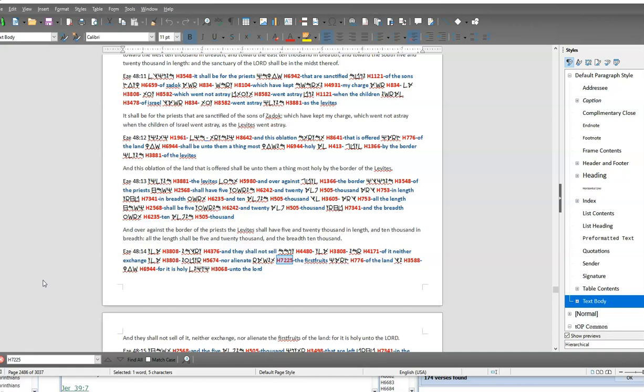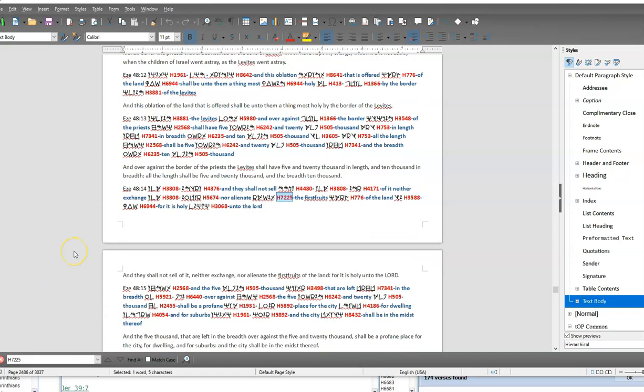So Ezekiel 48:14, just in the English, it says, and they shall not sell of it, neither exchange nor alienate the first fruits of the land, for it is holy unto Yahweh. But in the source text, it's saying, and not yemekaru, so maybe sell, and they're saying exchange, ulat I ober, not alienate.